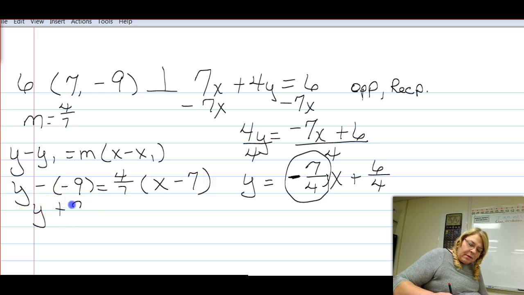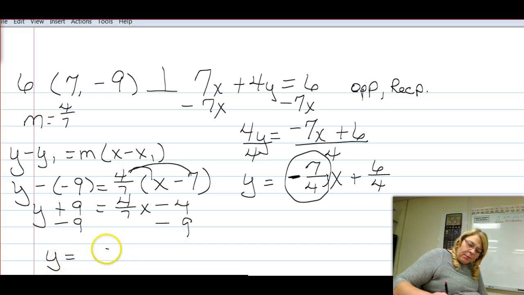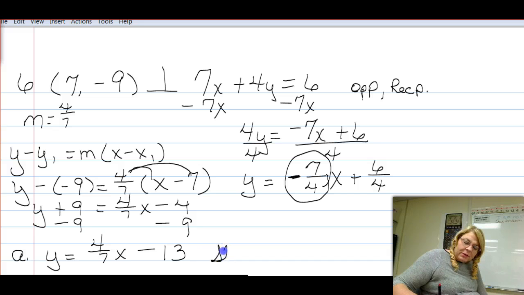Y plus 9 equal 4/7 x. And when I multiply to -7, that leaves me with -4. I subtract 9 from both sides so that I get y equal 4/7 x minus 13. That is slope-intercept form, and that is the answer to part A.